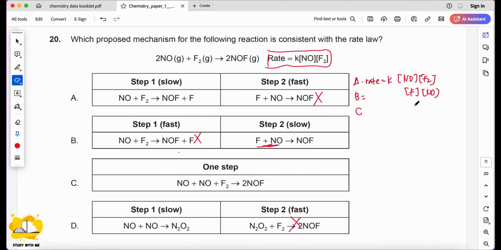And then for C it will be NO to the power 2 and then F2. And for D it will be NO to the power 2. Okay, so the answer will be A because NO and F2.